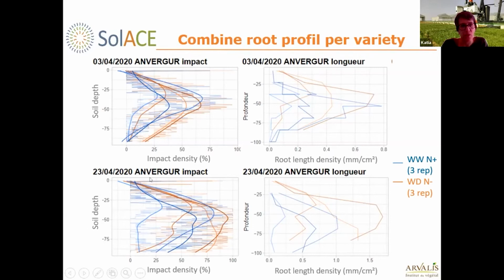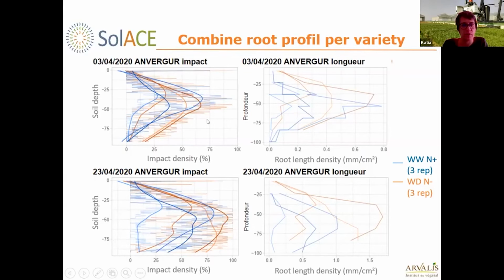And also we have a big progression in 20 days during the spring, the growing period of the stem, and we observe root depths at 60 centimeters.